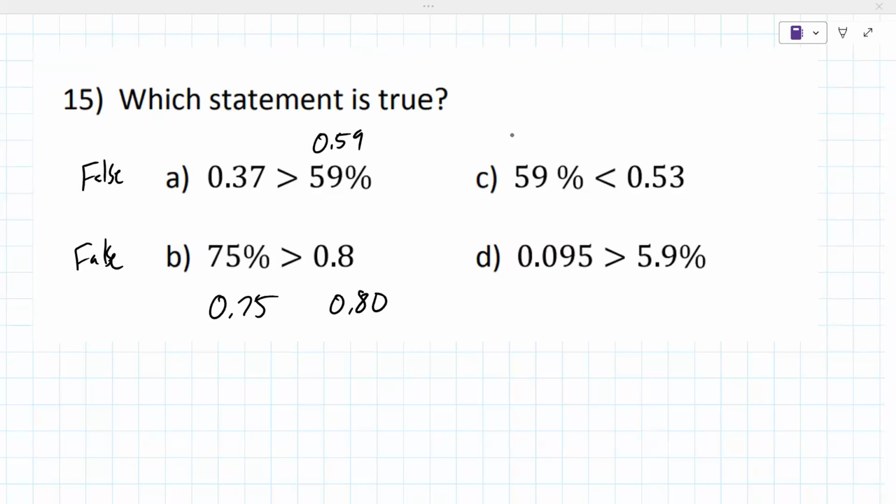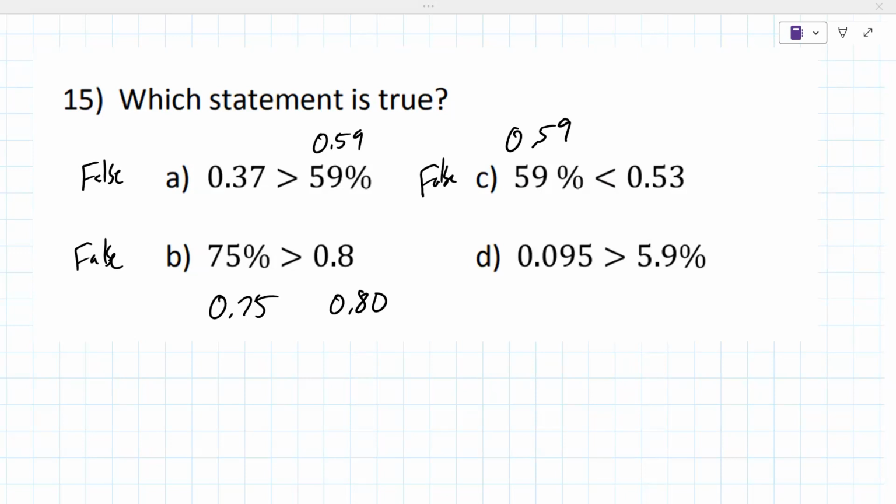So this is 0.59. No, 0.53. So we know that this is true. But why is this true? I want you to somehow decide on your own. Why would it be true? Because, oh wait, percentage versus dollar. You either got to convert percents to decimals or go the other way.